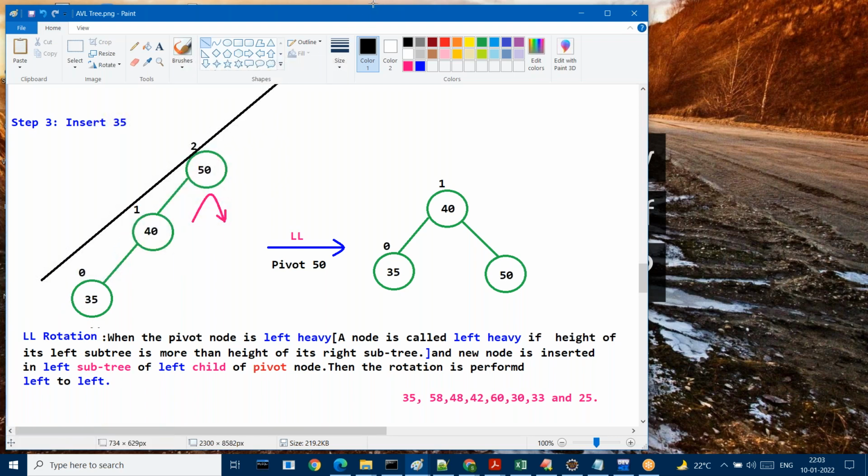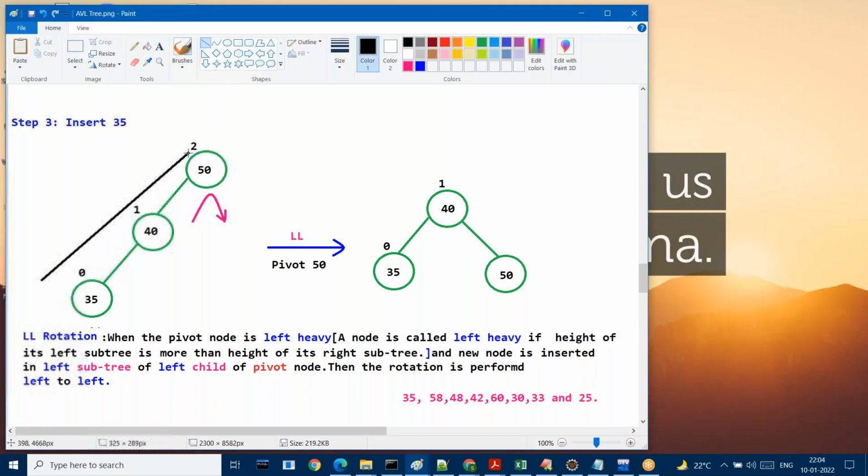Once I find the first one, I will stop and not calculate the remaining ones. That becomes my pivot.